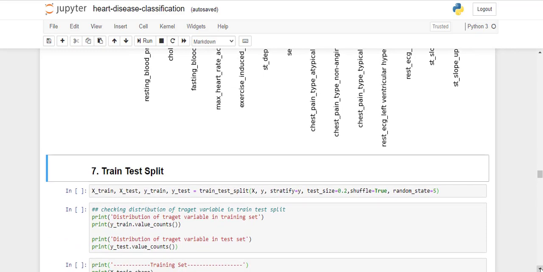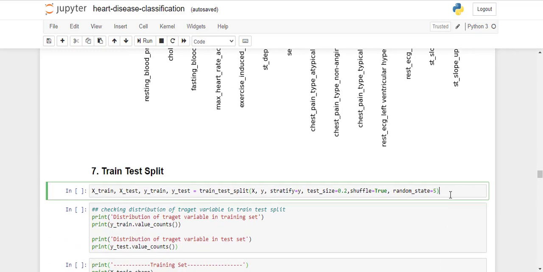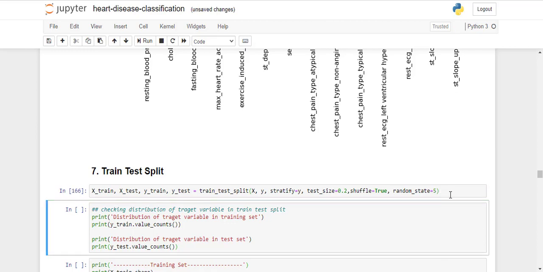Now we will do train test split with stratified sampling. We are using an 80-20 ratio, 80% for training the data and 20% for testing the data. So let's see the distribution of our target variable in the train and test set.